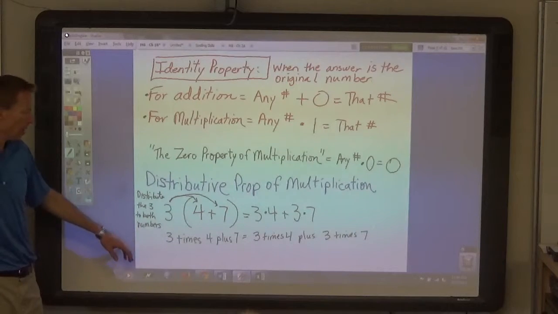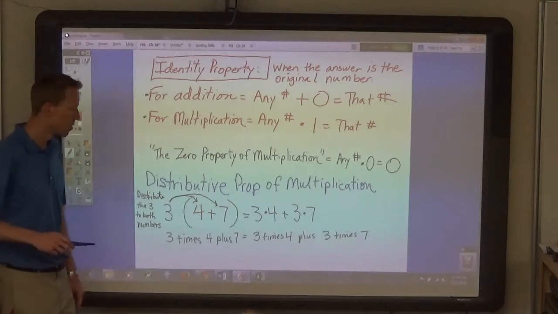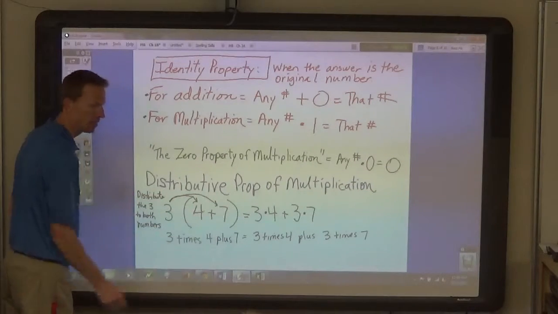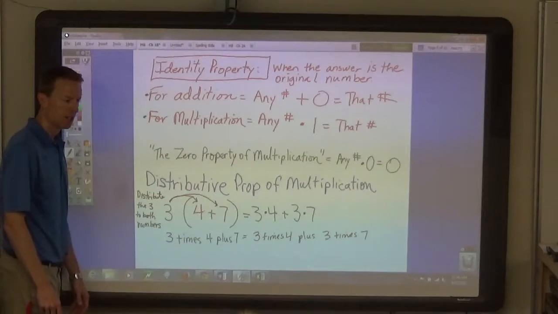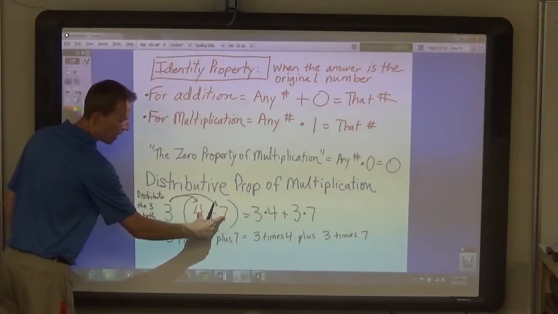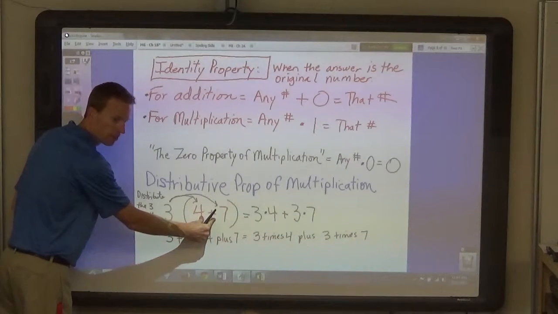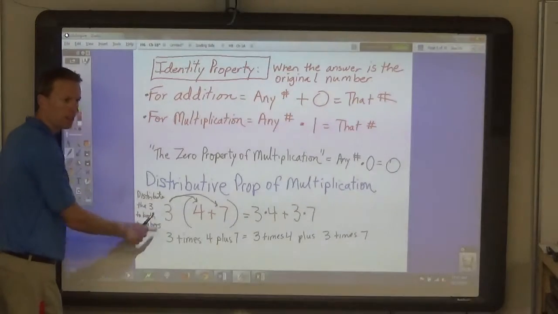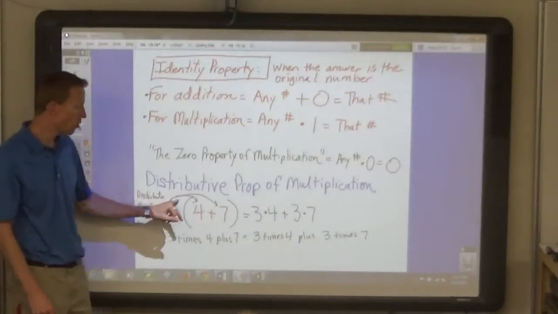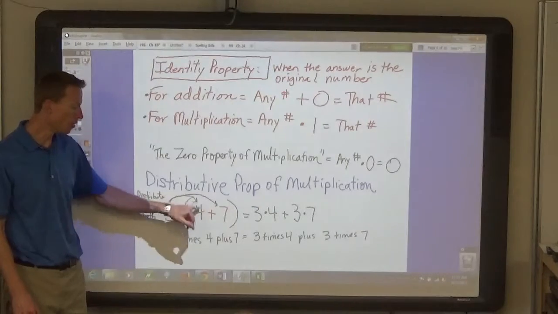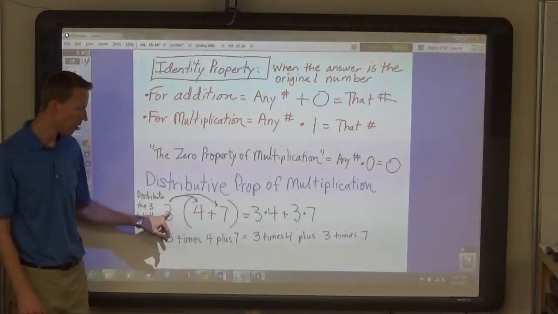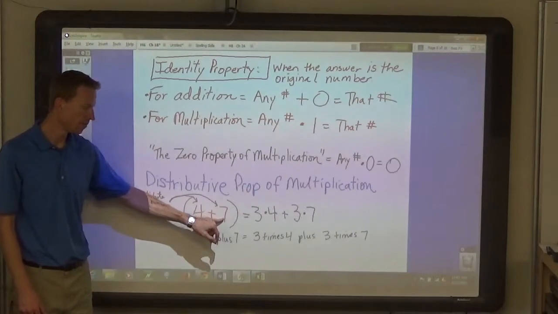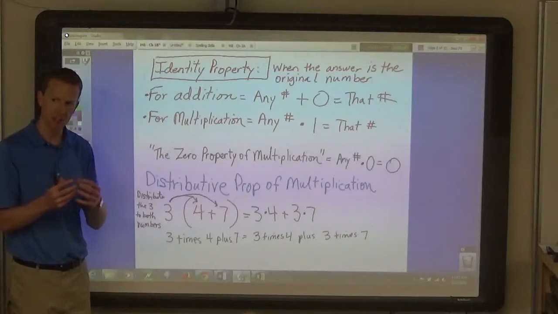The distributive property is when you have a number outside of parentheses, you can either add these two first and then multiply, or the distributive property says that you can distribute or multiply first, multiply the number by both numbers inside, and then add them together.